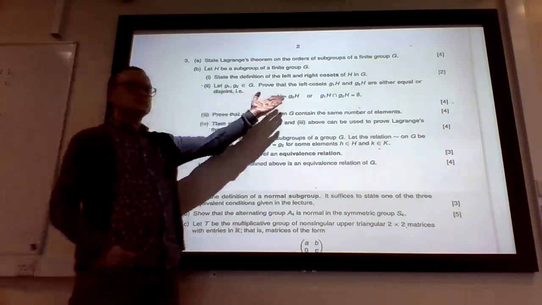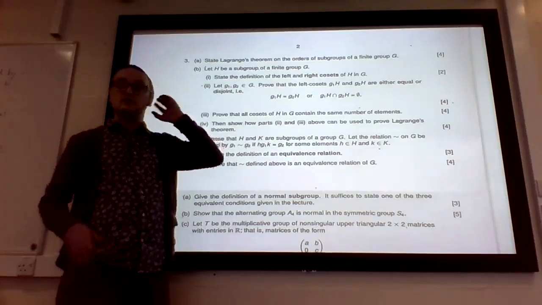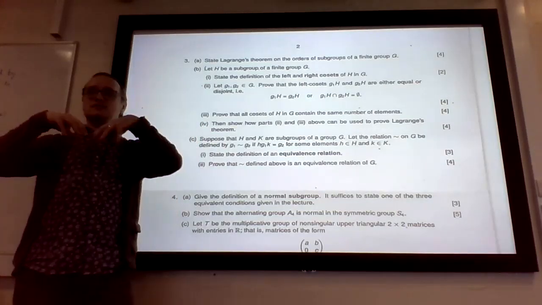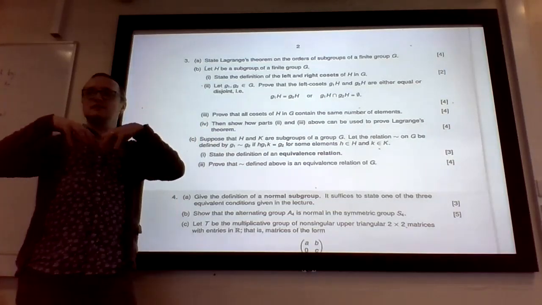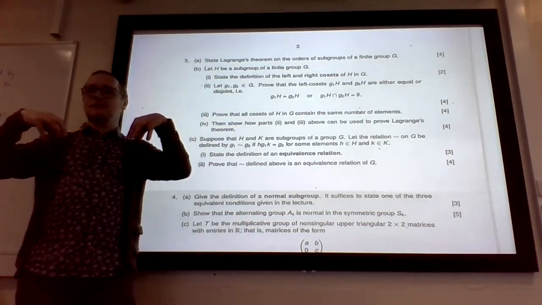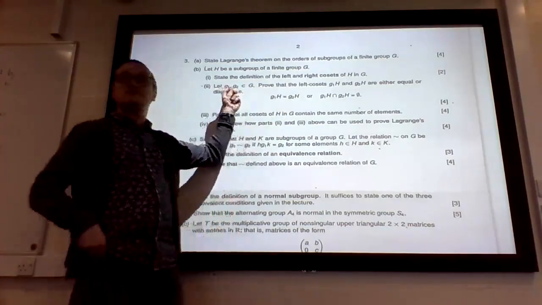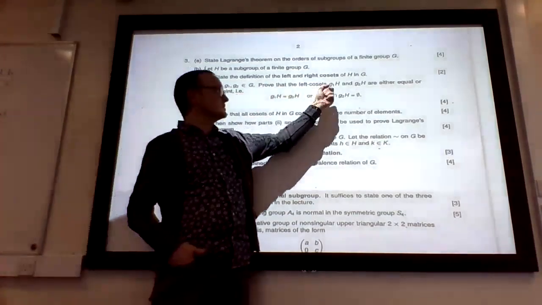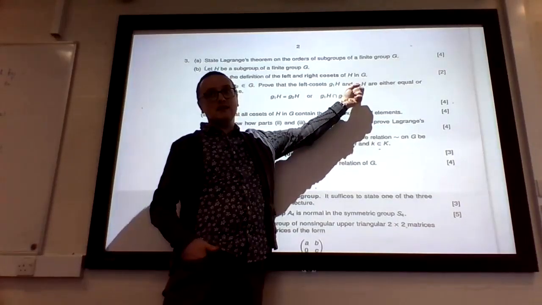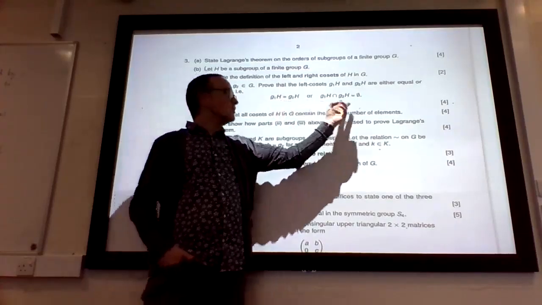So this is true of left cosets, and it's asking you to prove it. You can never have different cosets partially overlapping. Different cosets are disjoint. They don't share any elements. If you're presented with two representatives, G1 and G2, they will each generate their own left coset. The options are only that they're exactly the same or they're disjoint.